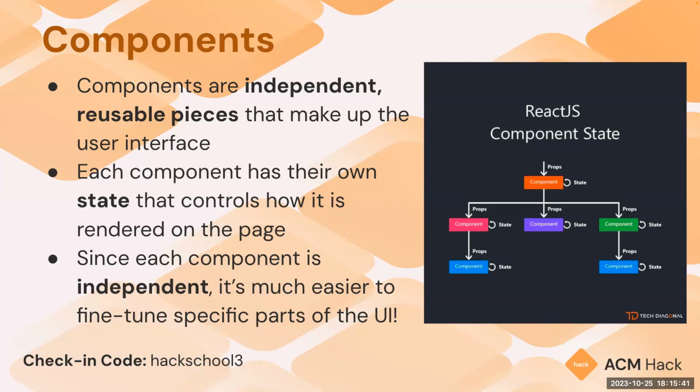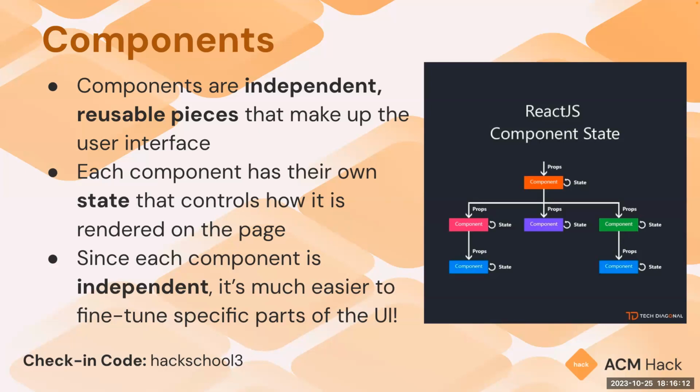You can think of state as the data that a component has, and if there are any changes to the component's data, it will be specific to that component. For example, if you had a button component and you wanted to keep track of how many times you click that button, then you would have a state for the number of times you click. That's one example.